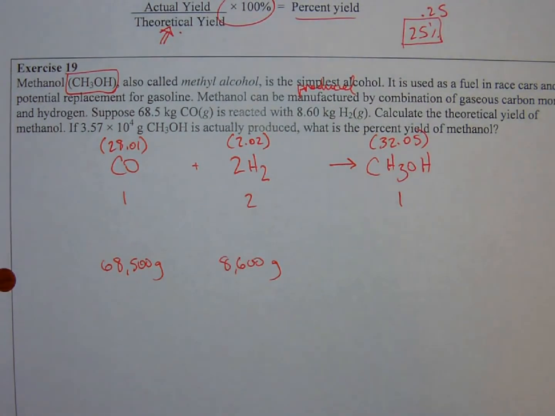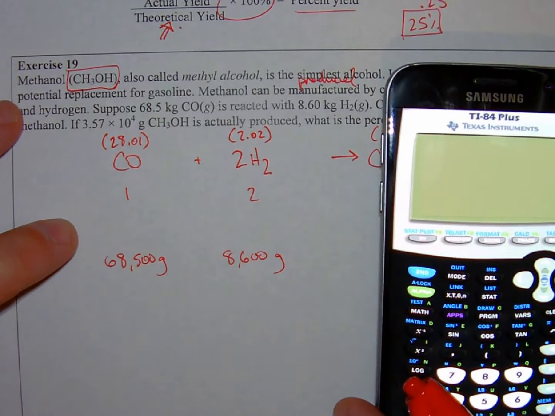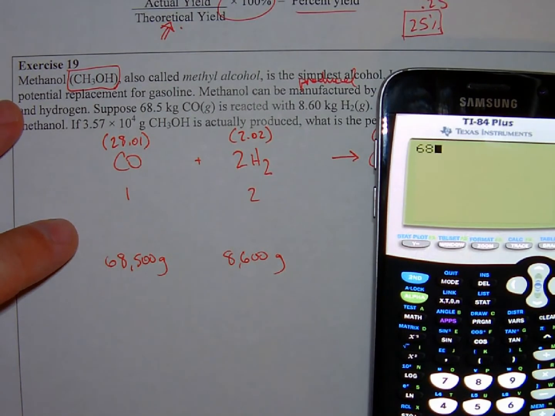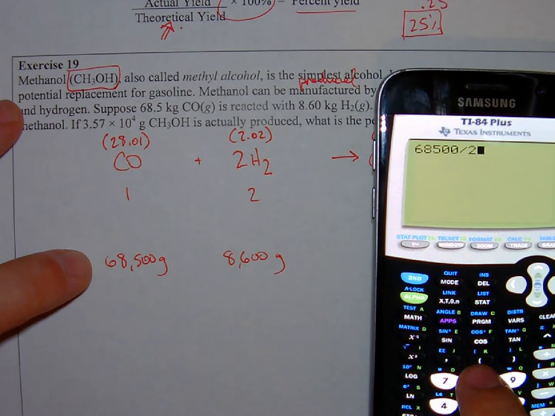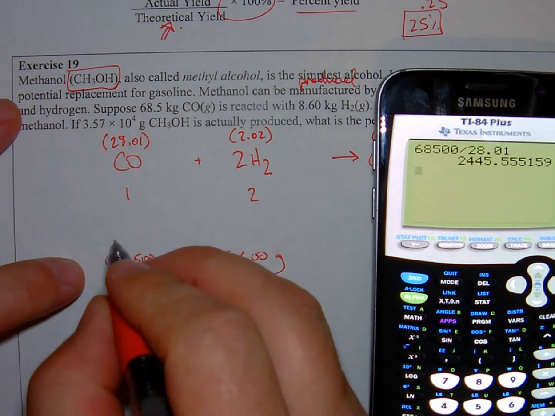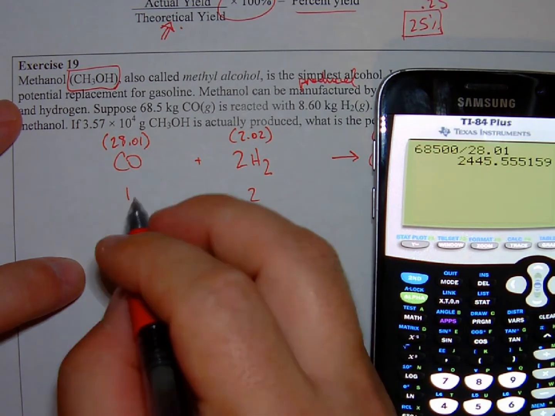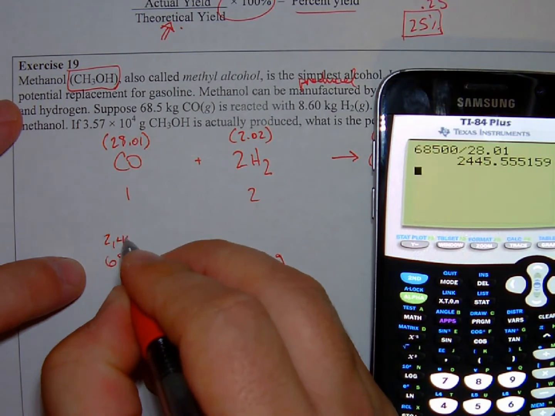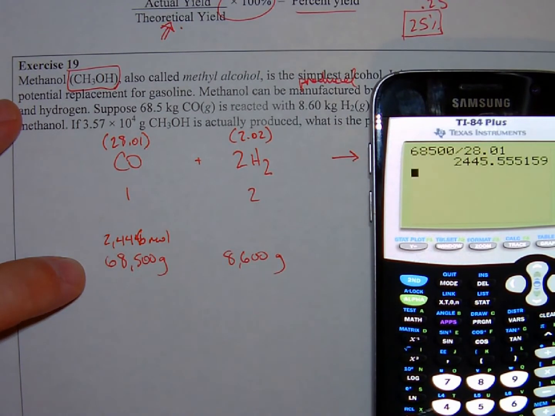My calculator booted off again. It's getting lazy here. So I have 68,500 grams of CO, which has a molar mass of 28.01. And so I have 2,446 moles of that stuff.